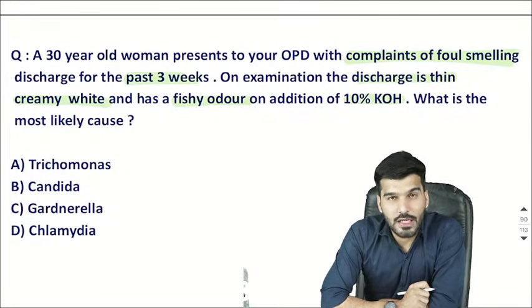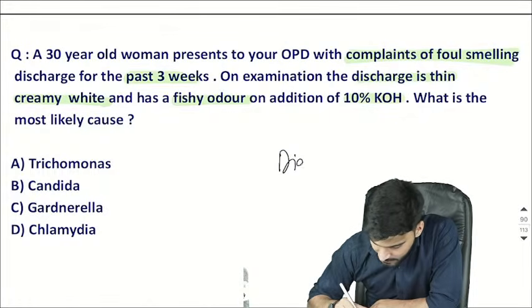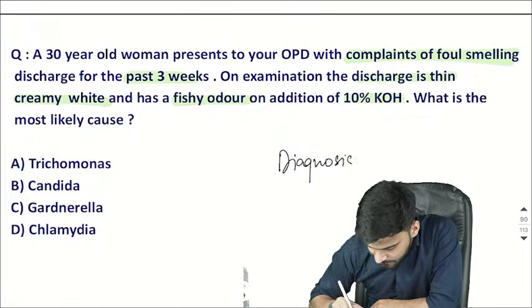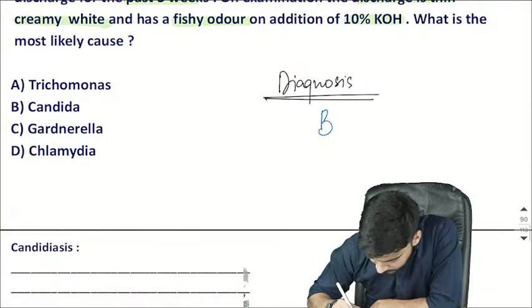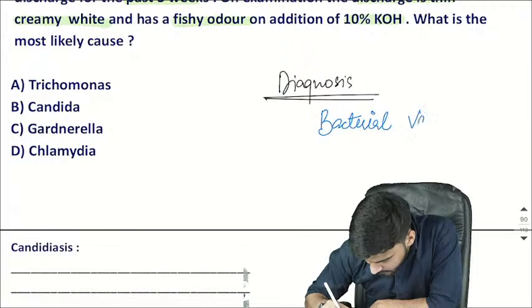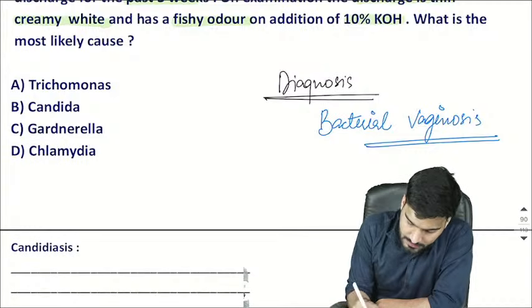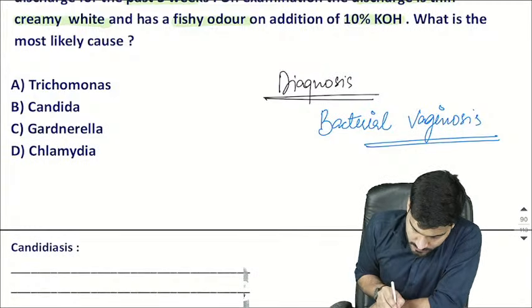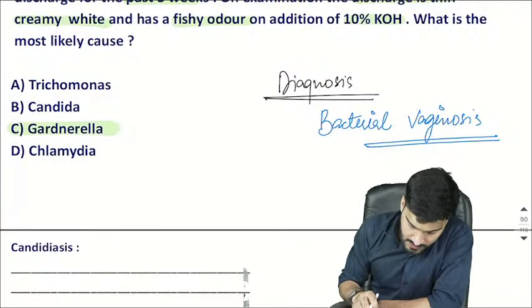So the diagnosis is bacterial vaginosis. And the causative agent for bacterial vaginosis is Gardnerella.